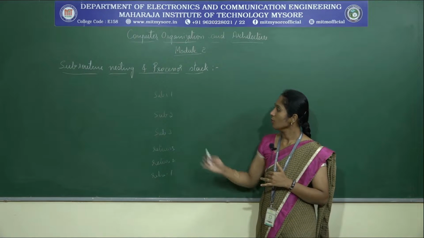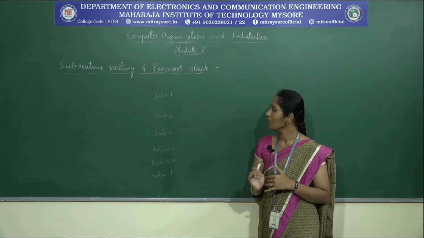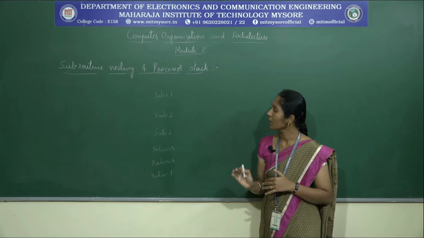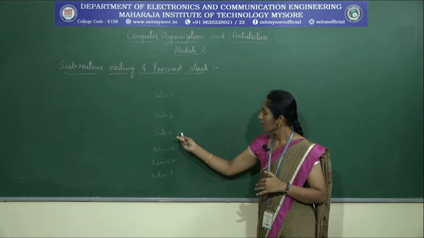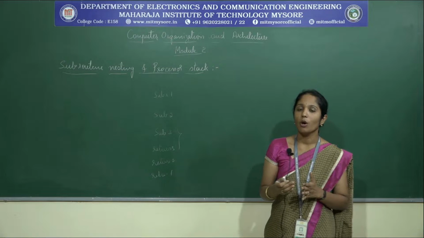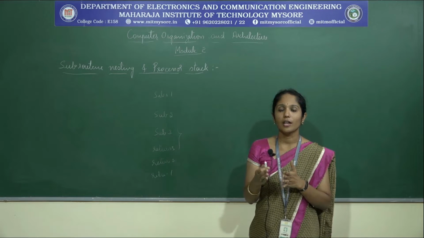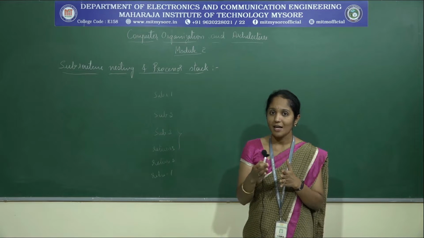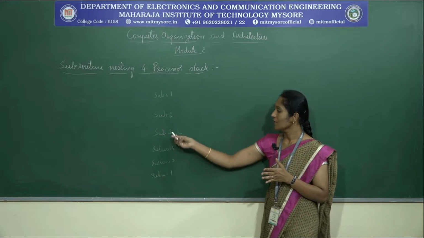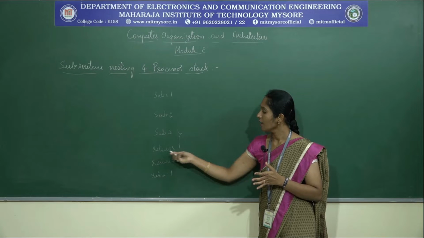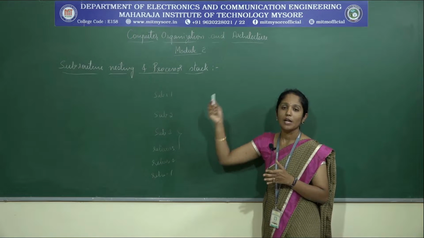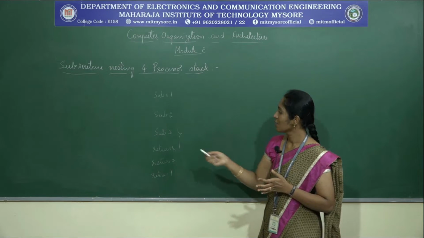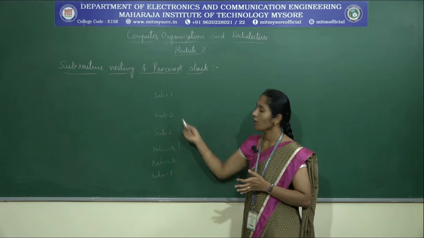Now let us assume we have this kind of arrangement with 3 subroutines and 3 returns respectively. As we discussed just now, the address of the return location will be stored in the link register. So if this is the subroutine being executed, then the return 3 address will be stored by erasing the address which is stored previously. The address stored previously is nothing but the return address of the second subroutine.